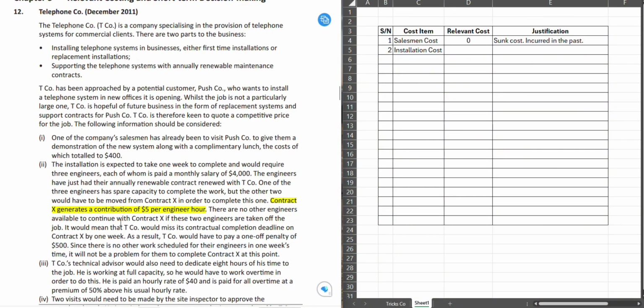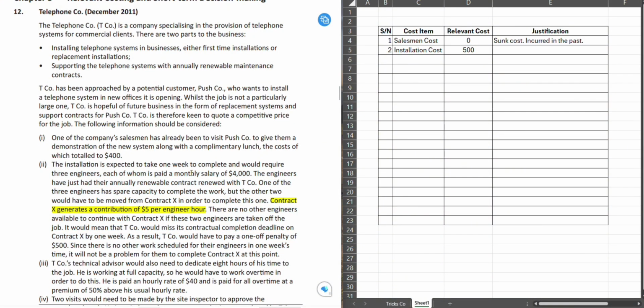However, there will be a delay of 1 week, and because of that delay, we will pay a penalty of $500. So if I look at the whole of this question, the only cash flow that will be leaving this company as a result of taking the new proposal job is the $500 penalty, which will be paid because there will be a delay in completion of contract X. So we are now recruiting new people.